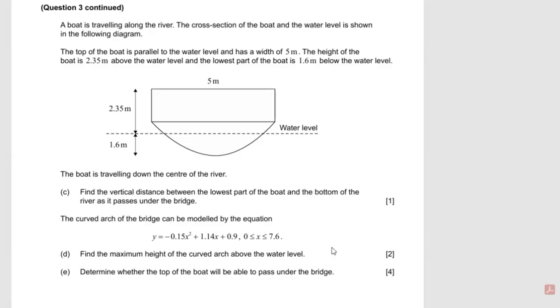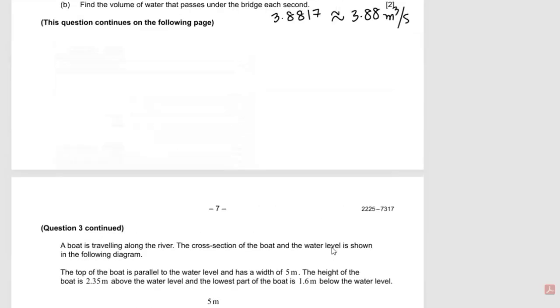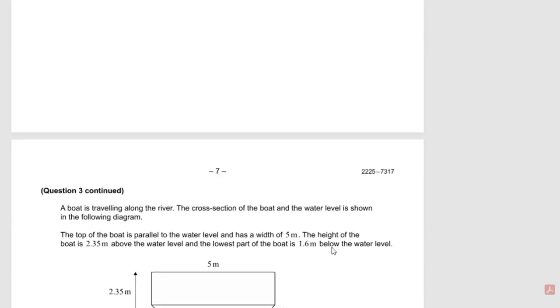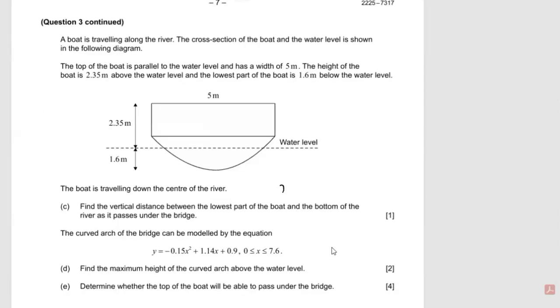Part C, find the vertical distance between the lowest part of the boat and the bottom of the river as it passes under the bridge. So in order to see the bottom of the river, we need to go back to the first diagram. So this is the lowest point, 2.81. I can just use my answer, 2.81, and subtract.